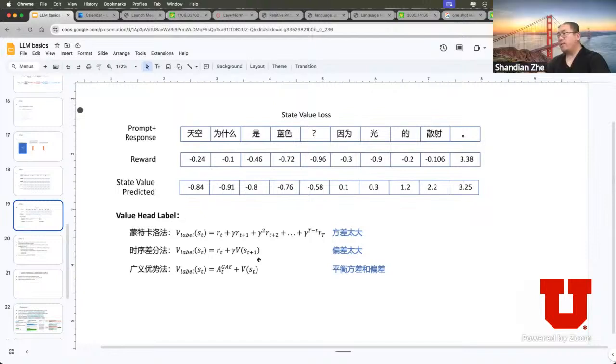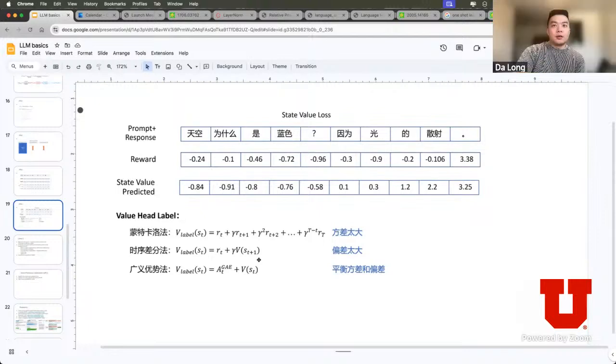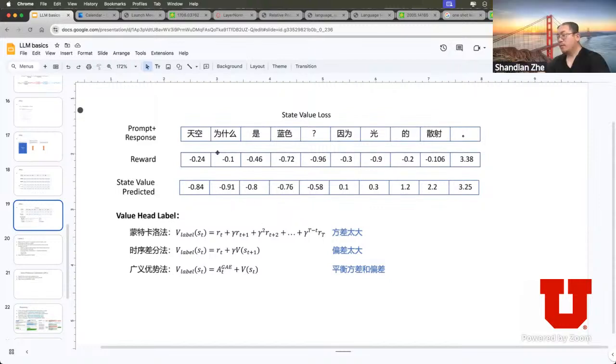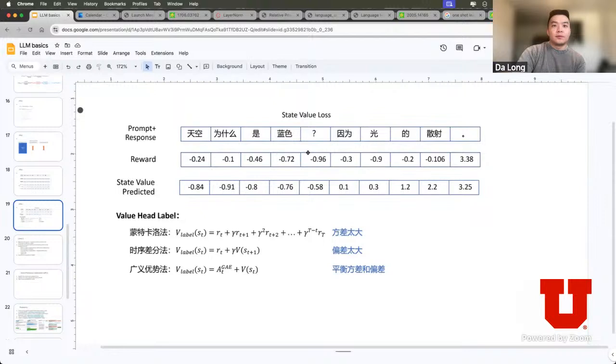But do you first update the value network and then use the value network's prediction to update the policy? I think they just combine the two losses together. For example, if you give a prompt and a response, then based on your reward model and the KL you can get the reward for every token, right?